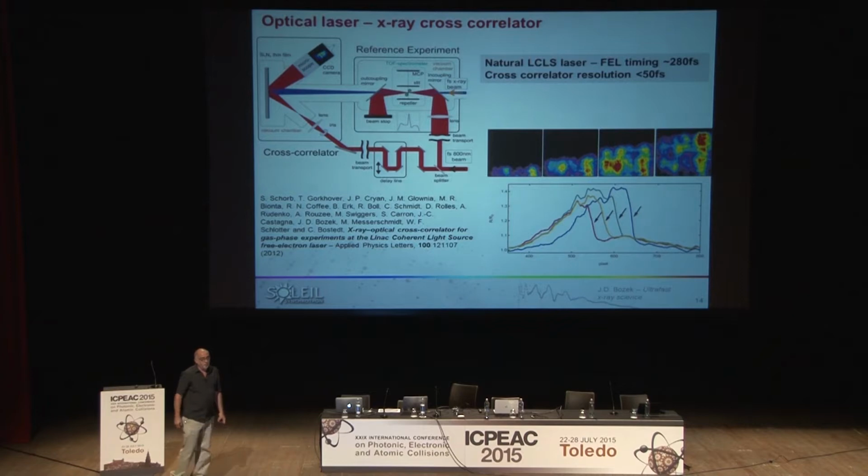Then in order to stabilize the time measurements, we developed an optical laser X-ray cross-correlator, which was actually based on something that had been done on FLASH. In this case, all of this red stuff is your laser beam going through your interaction region, and a part of it going to a silicon nitride thin film that's also being illuminated by the X-ray beam.